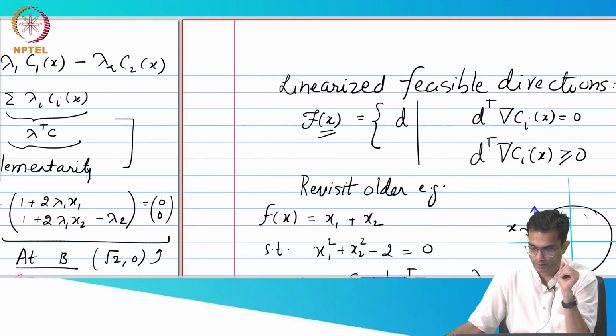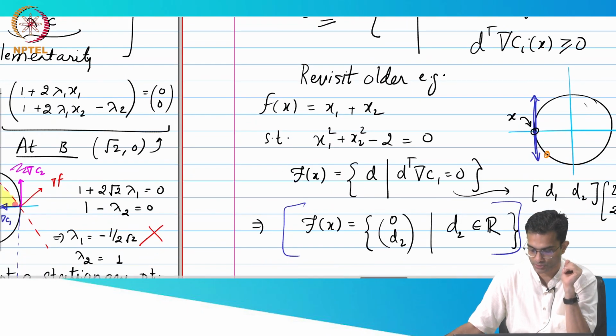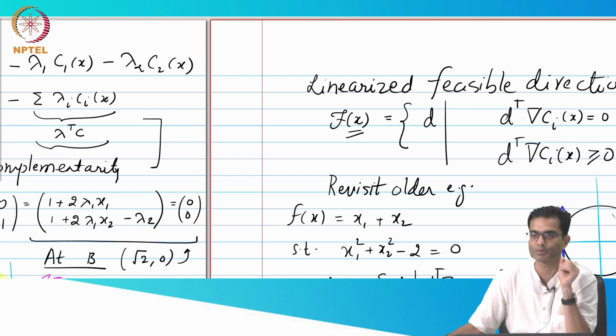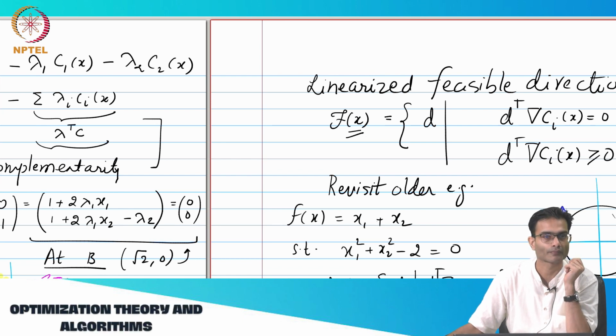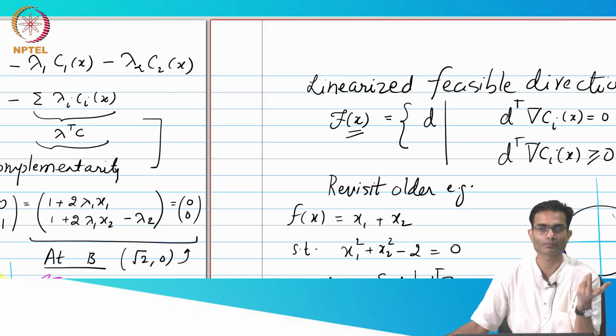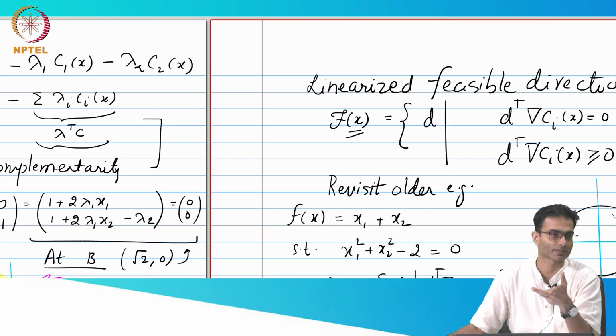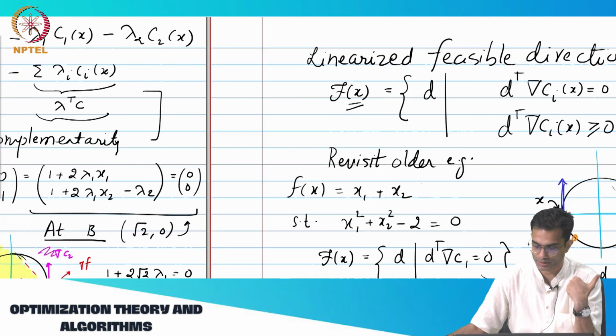Okay. Then the last thing that we looked at was this kind of a discrepancy between algebra and geometry, right. So we saw, for example, that algebra tells us something which gives us a set of, what did we call them, linearized feasible directions, depending on how I wrote the specifications.